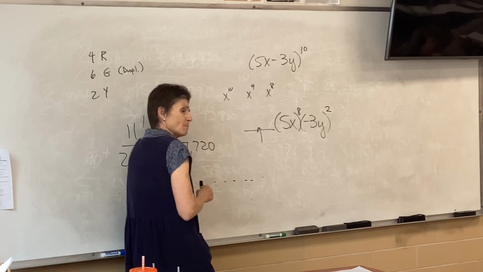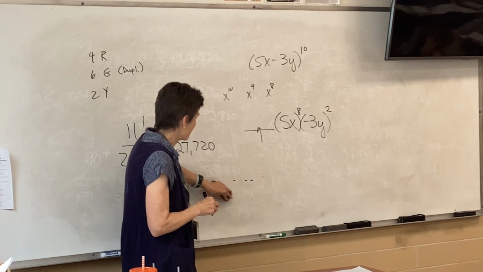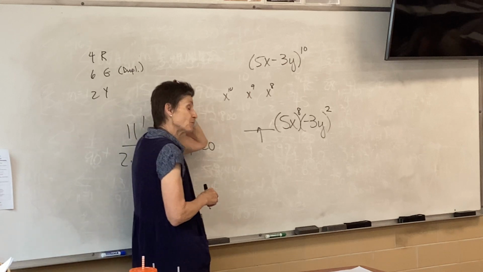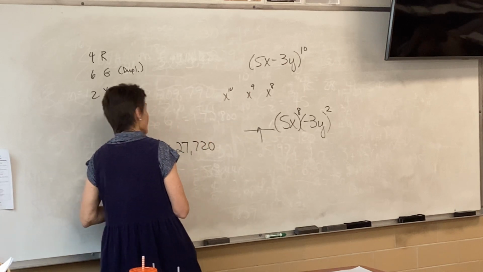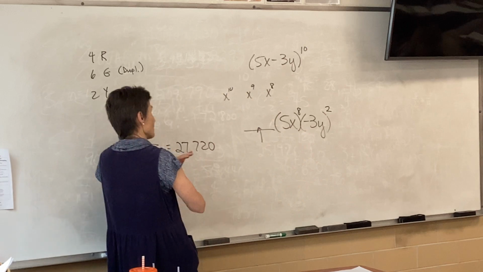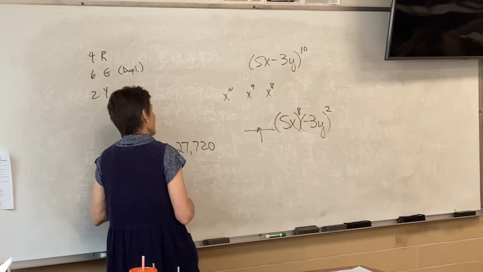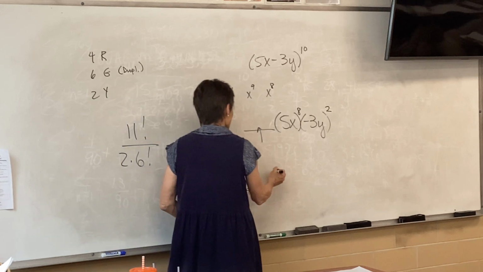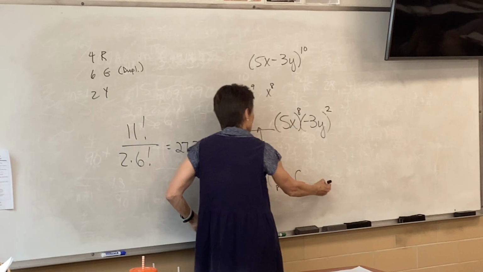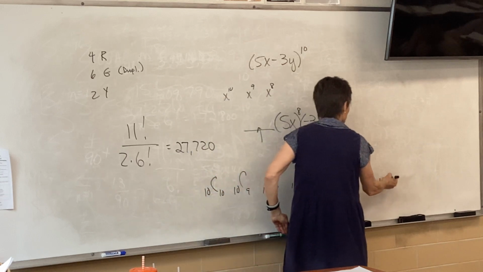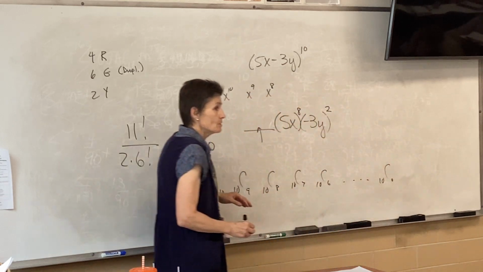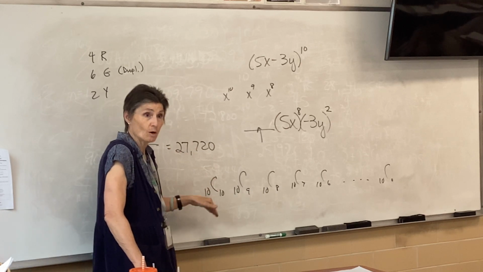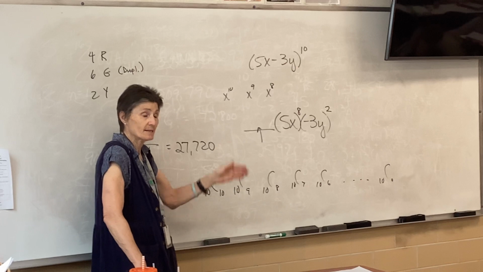Now, does anybody remember another way to do that? With these big ones, I prefer to do combinations. The 10th row, you can write out the triangle. 100% write it out if you want. But the 10th row numbers will be these. I'm not gonna write them all out, but they're all the way down to 10C0. 10C10, 10C9.